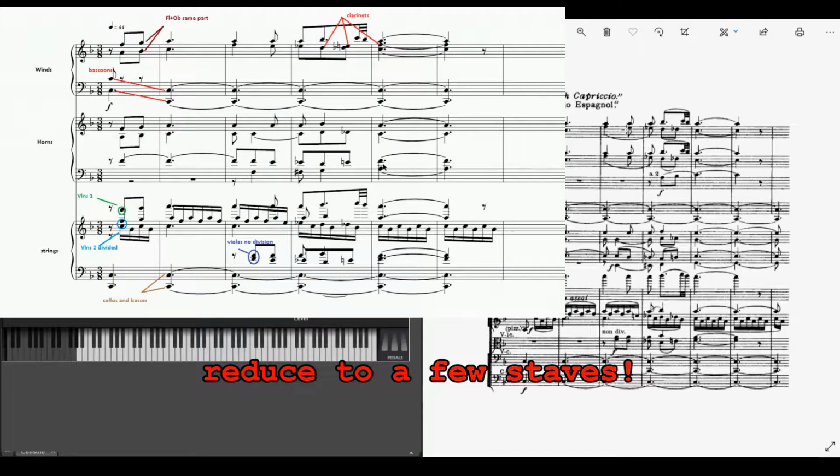So let's check out what's going on on a reduced basis. I did this for you again. One of the reasons I chose this is how he orchestrated static chords. There's motion. This is the flutes and oboes.